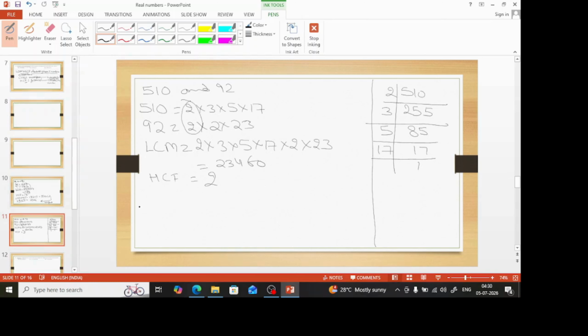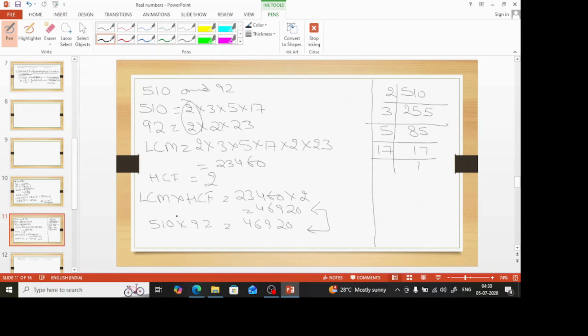Again here we will calculate the product of LCM and HCF: 23460 into 2 gives 46920, and 510 into 92 also gives 46920. Hence it is again verified.